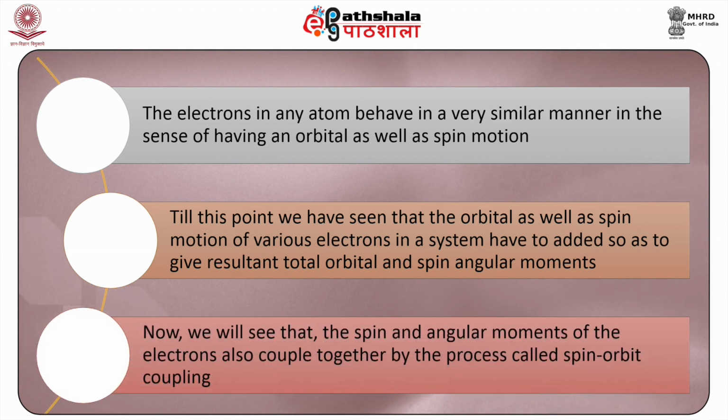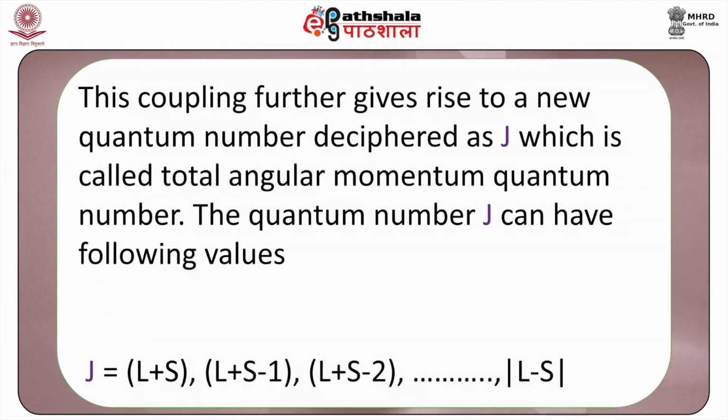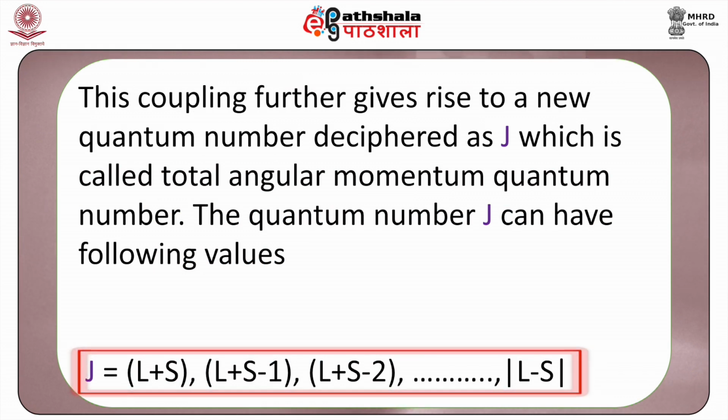Now we will see that the spin and orbital angular momenta of the electrons are also coupled together by a process called spin-orbit coupling. This coupling further gives rise to a new quantum number, capital J, which is called the total angular momentum quantum number.